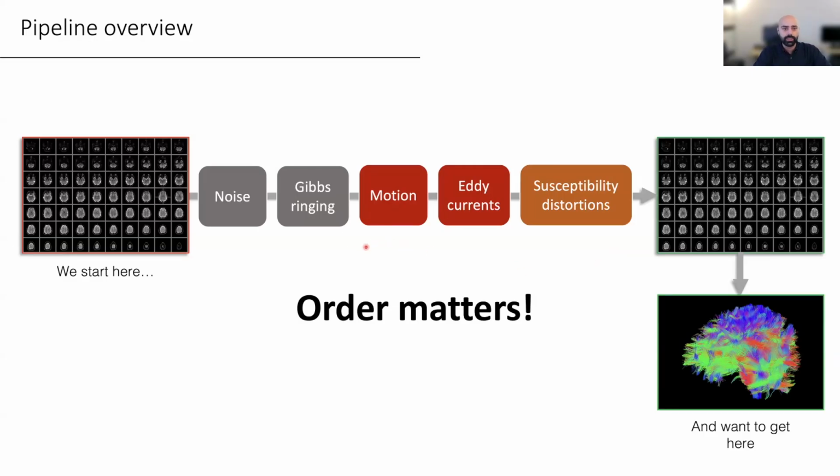If you have already done something to your data, let's say you're dealing with a data set for which you've already done motion, eddy current, susceptibility, and so on, and you're like, oh, I didn't denoise my data. I didn't know about denoising. Let me go back and denoise my data now so I could just improve it. That would be a big mistake, because denoising after you've manipulated the image does not work anymore.